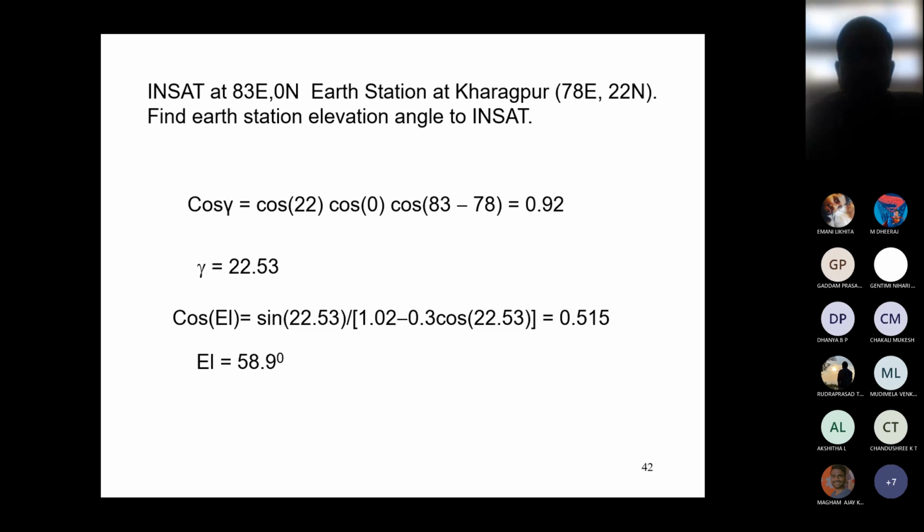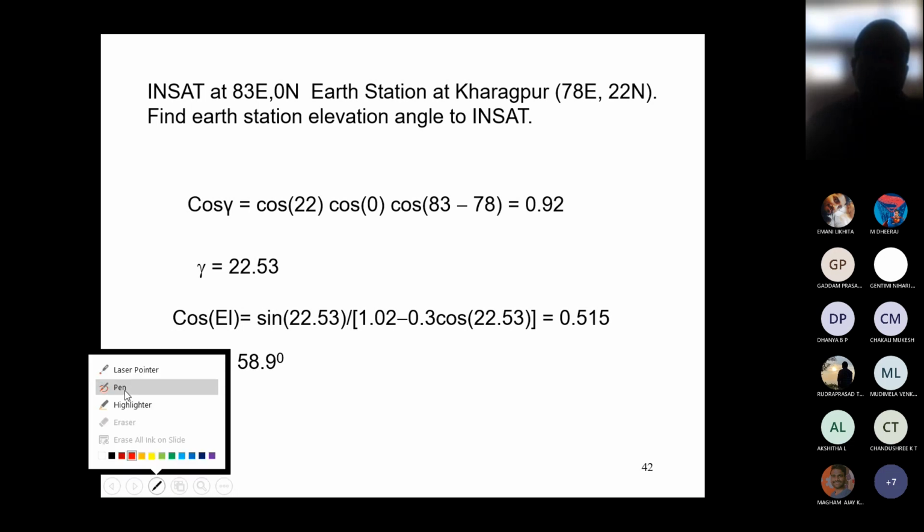The question asked is to find the Earth station elevation angle to the INSAT satellite. We calculated the value of the elevation angle, which is approximately 58.9 degree, and we consider this very close to 60 degree.